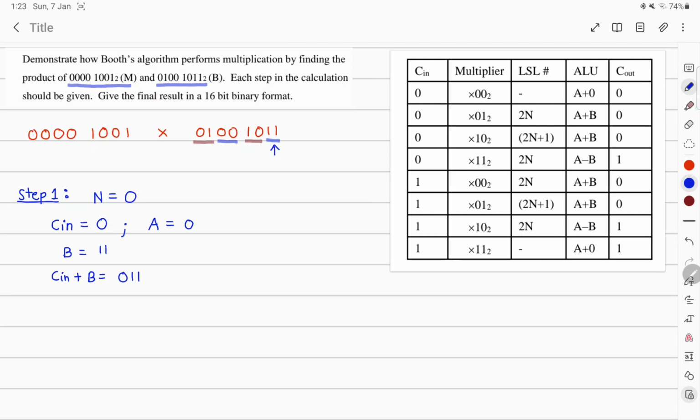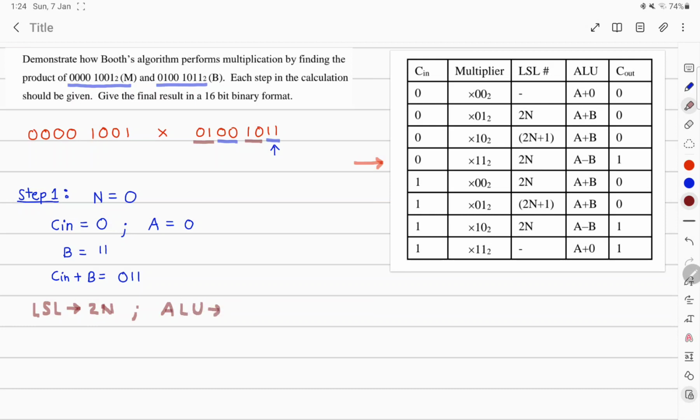Now look in the table and find 011. Here. For 011 in the table, what are the details? LSL is 2n. Then what is the ALU operation?